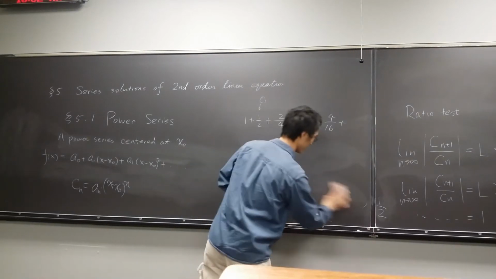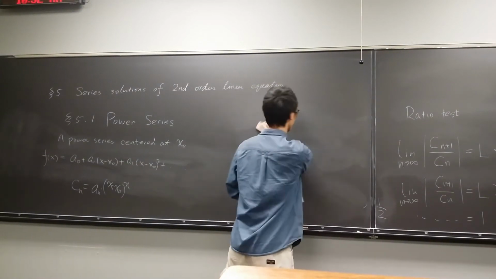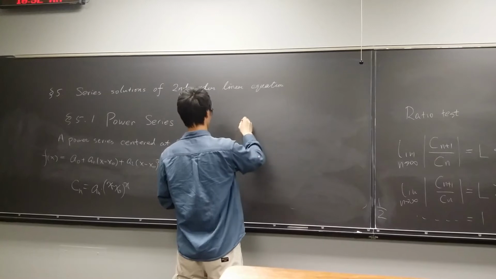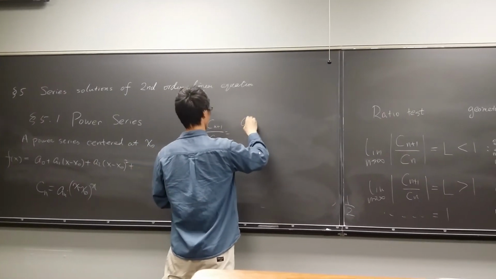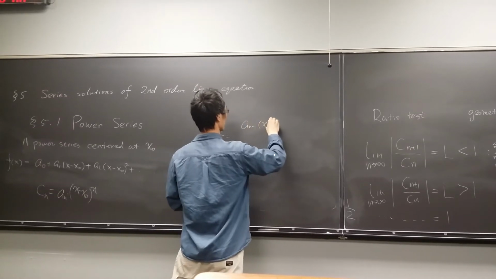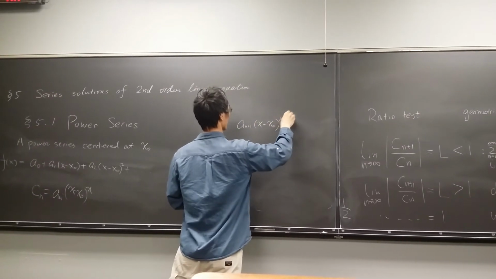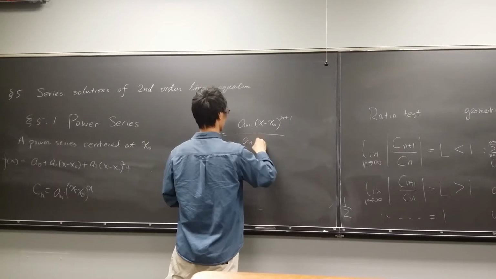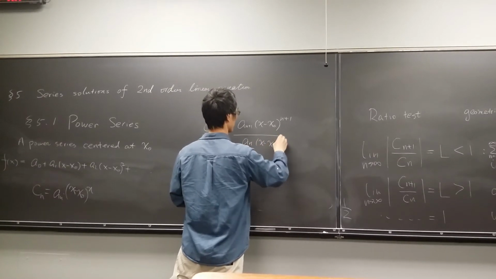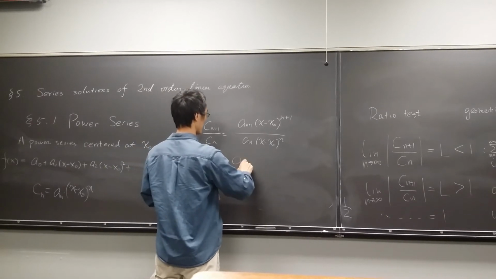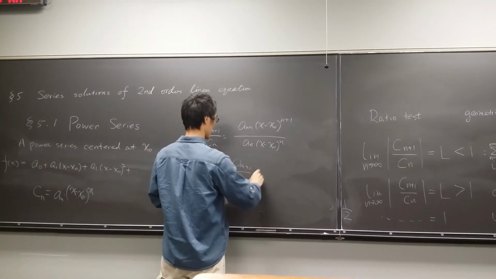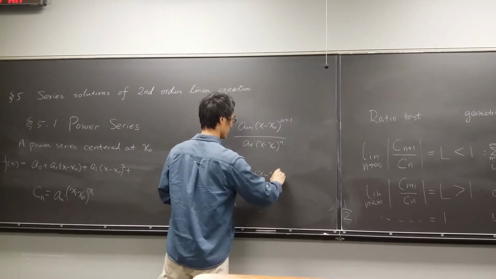So if you do Cn plus 1 over Cn, then you get a(n+1) times (x minus x naught) to the n plus 1, over an times (x minus x naught) to the power n. Then you can cancel this power to get this.